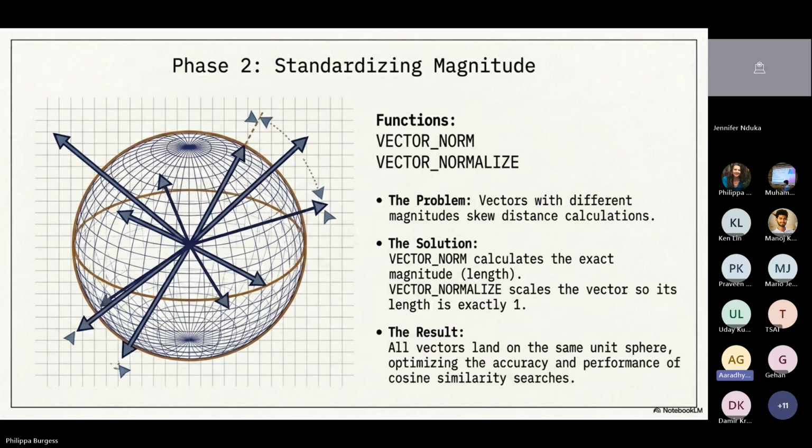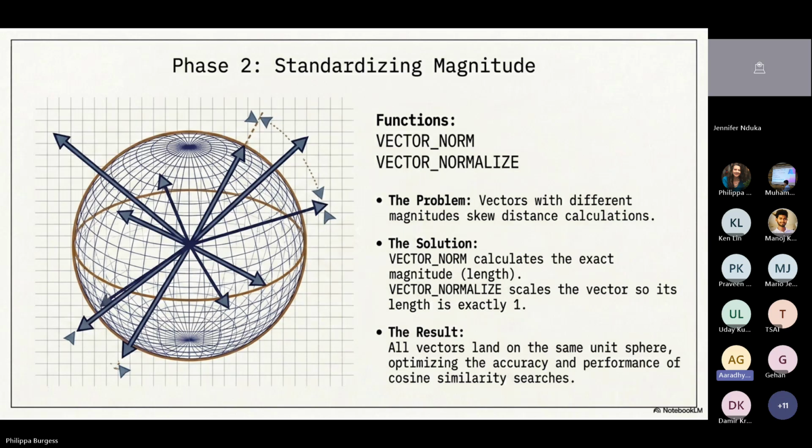The length of a vector is highly influenced by factors like text length, how big your text is, the frequency of your words, or pixel density in an image. If we keep these magnitudes unstandardized, we run into a major computational problem that you can see in the image.